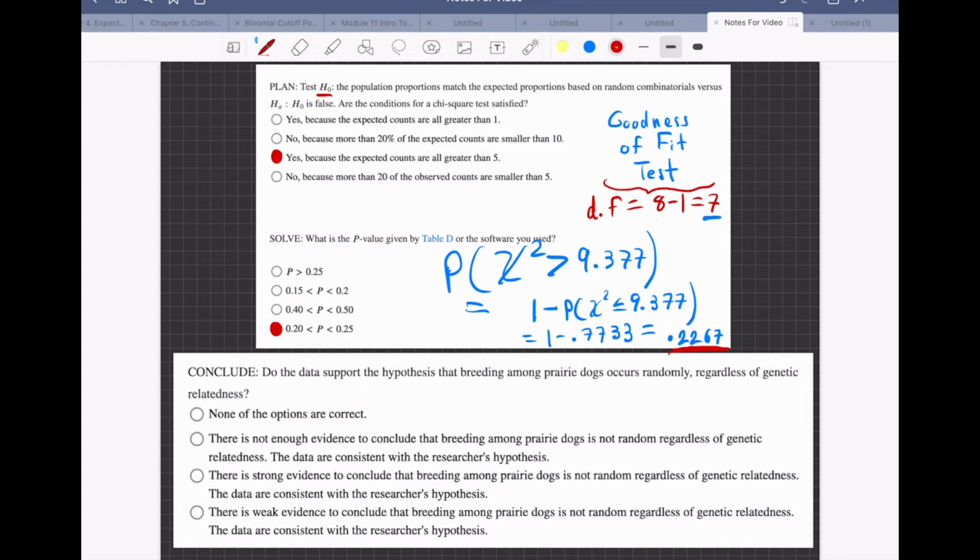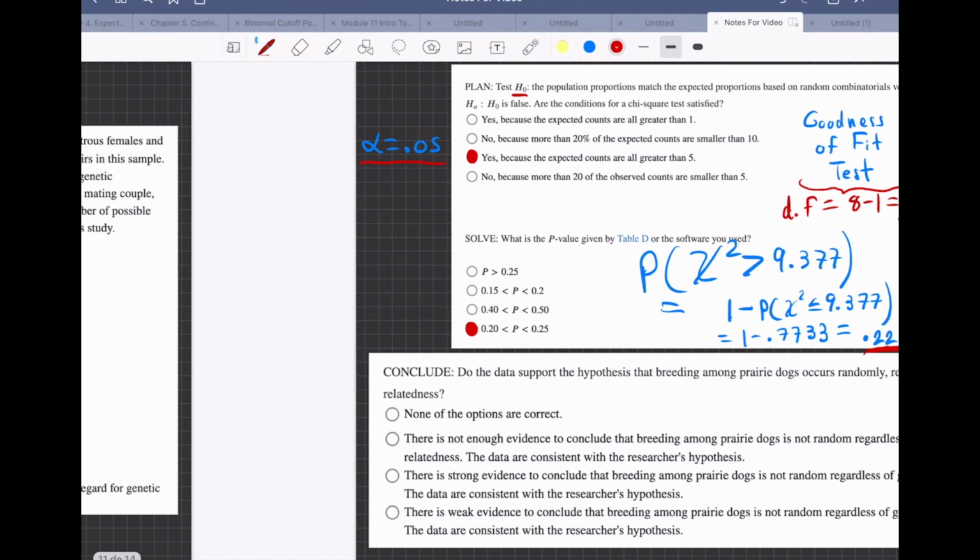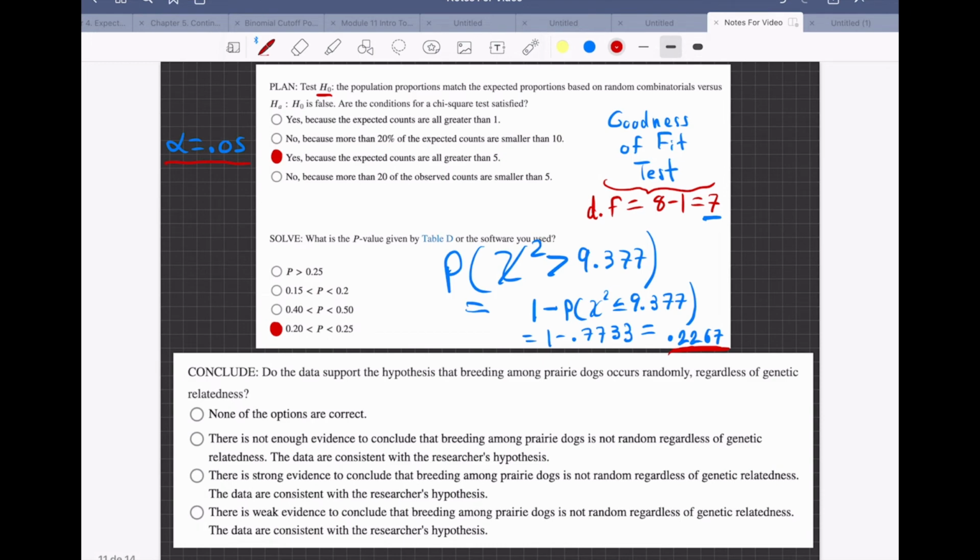If it doesn't say, use alpha equal to 0.05. Do we reject H null or not? No, right? Because the p-value is not less than alpha. So we don't reject H null. We are not rejecting that the population proportions match the expected proportions based on random combinatorials.